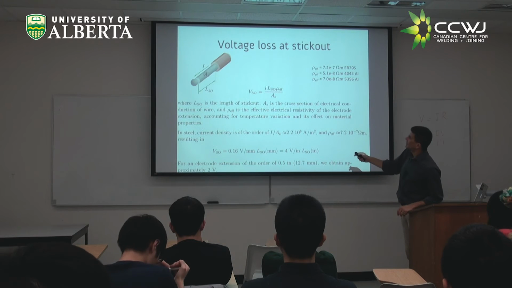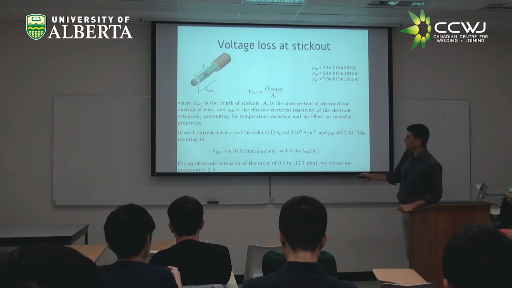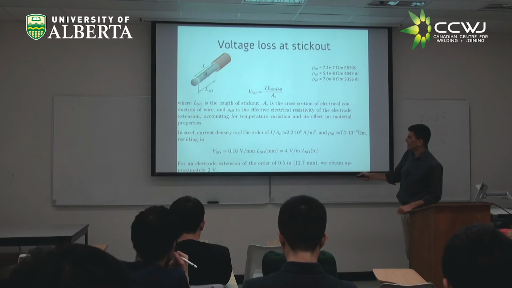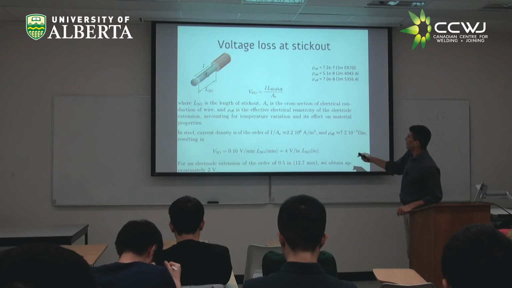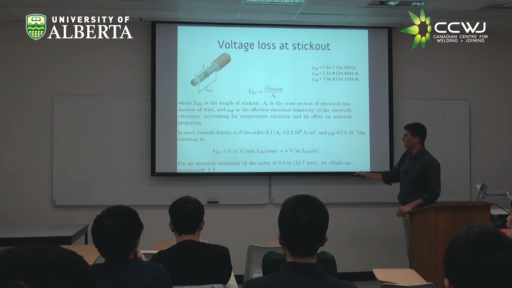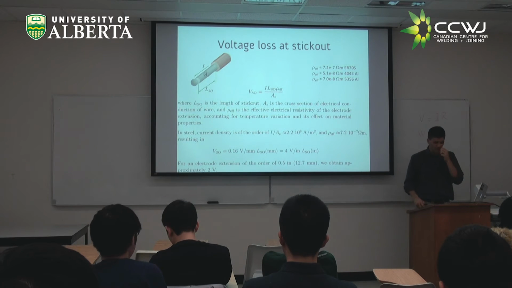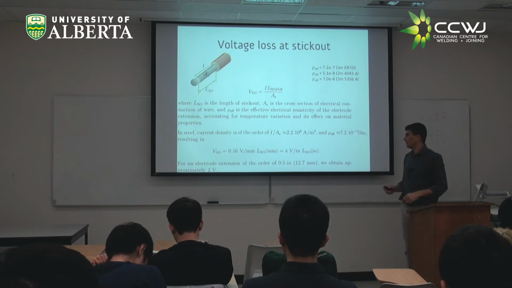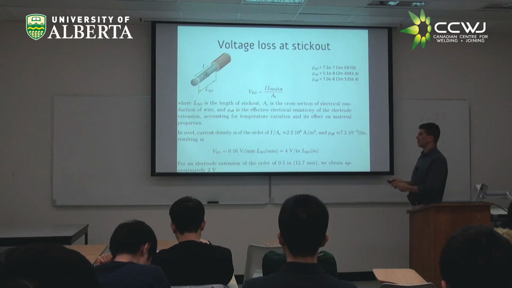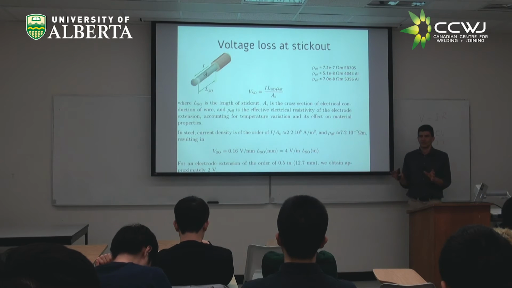So if this number is more or less constant, then you can say that the voltage of the stick out, I would multiply this number by the effective resistivity, and it is 0.16 volts per millimeter. Now in inches, and I'm going to call people from industry to confirm this, but this number sounds so round that I'm pretty sure they would be using something similar. It's more or less 4 volts per inch of stick out.